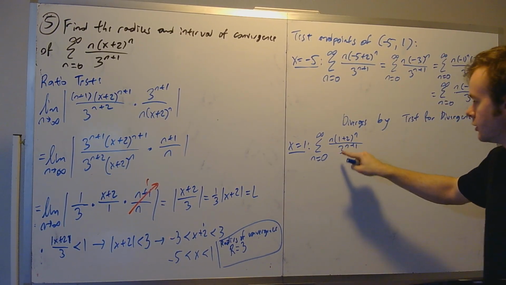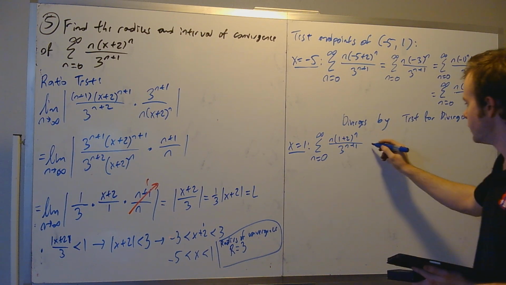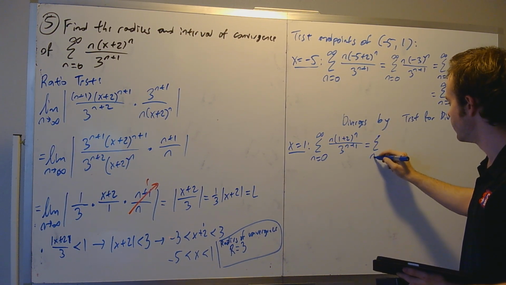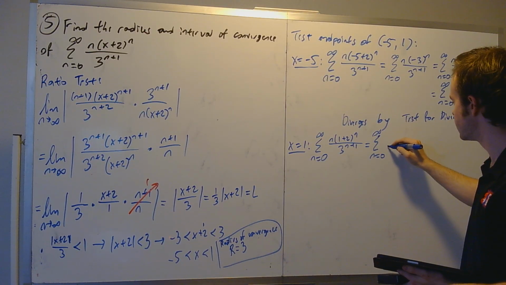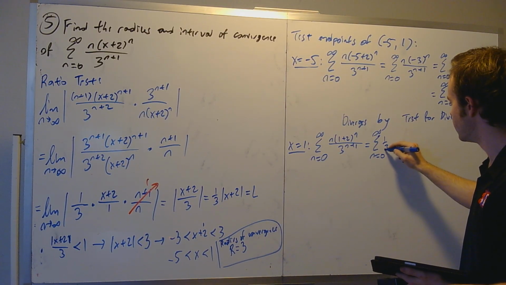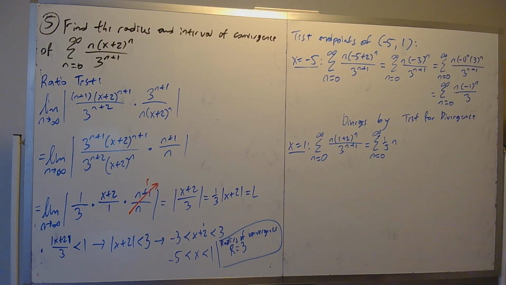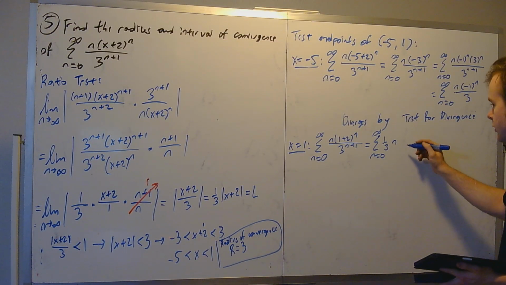So this is going to be 3 to the n over 3 to the n plus 1. That's the same thing as the sum from n equals 0 to infinity of 1/3 times n. But if n is getting infinitely big, then adding all these numbers together, that's going to be infinite.